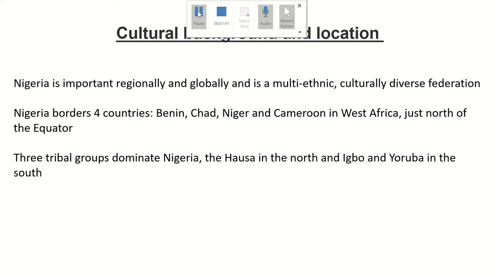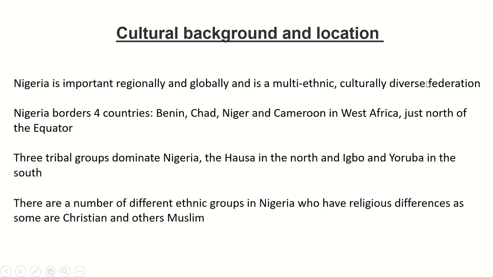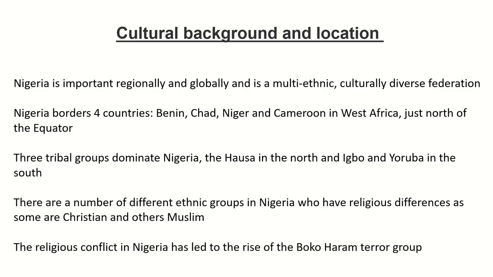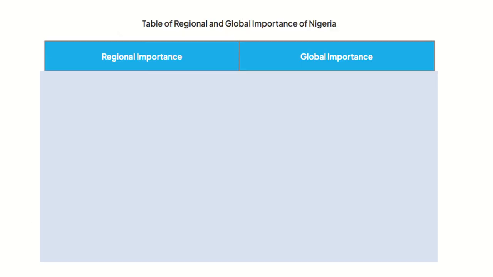The biggest of these tribes is the Yoruba tribe, and this leads to a big cultural difference across the country. We've also got a big divide between Christian and Muslim, and all of this sets the context for the cultural background of Nigeria, and it's also led to the rise of extremist groups in the north of the country, in particular Boko Haram, which we'll come back to a bit later on in the video.